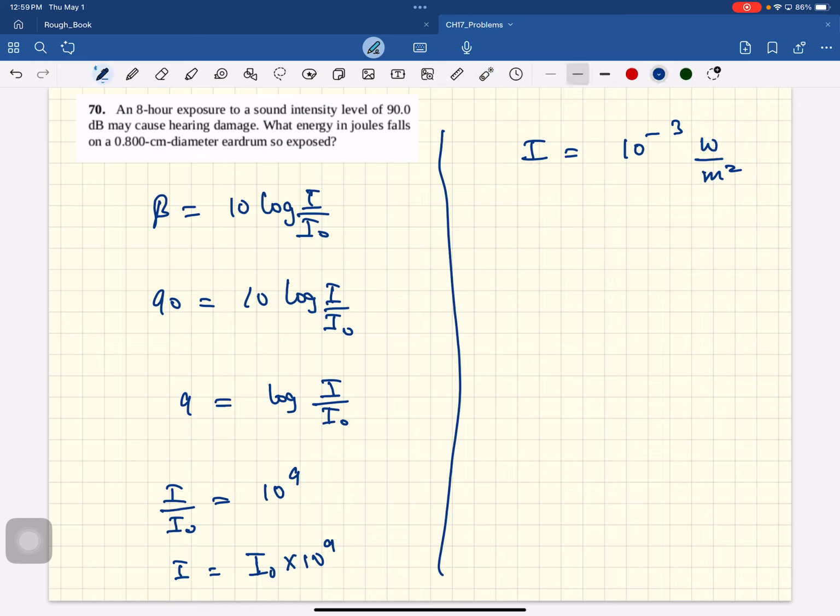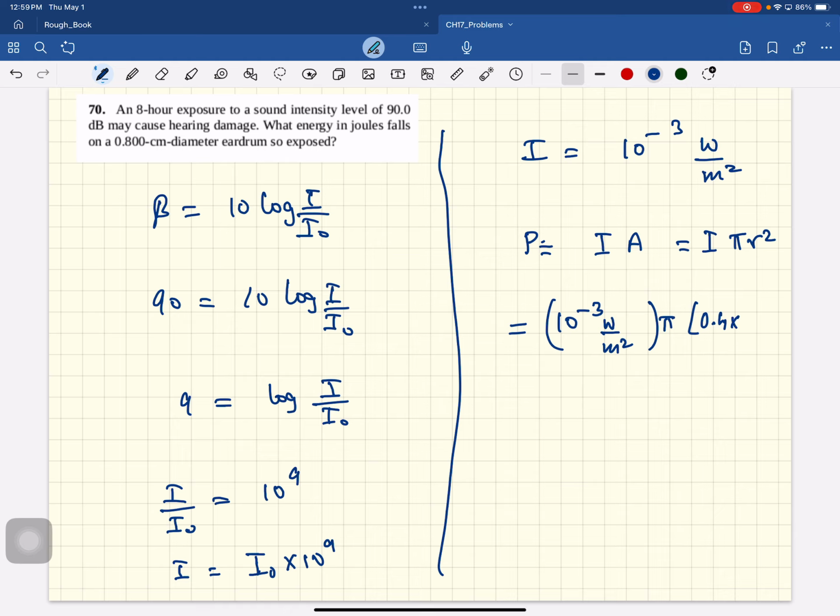So power, the energy falling per second on your eardrum, is I times the area of the eardrum, okay? And the eardrum we'll assume is circular. So this is 10 to the minus 3 watts per meter square times pi R squared, where R is 0.8 centimeter diameter, so 0.4 centimeters, 10 to the minus 2 squared.